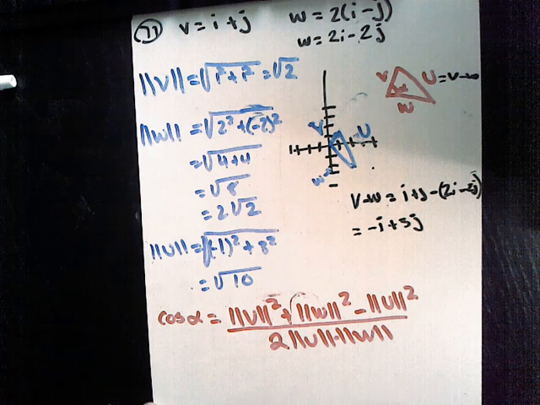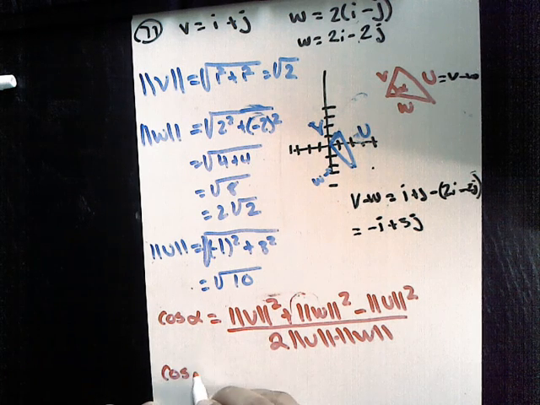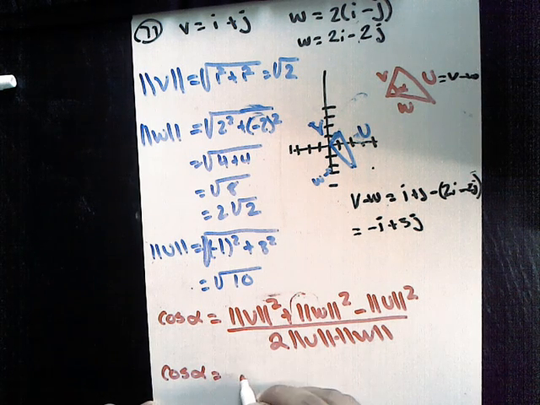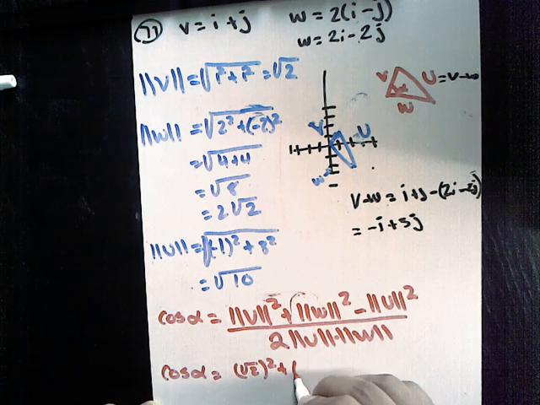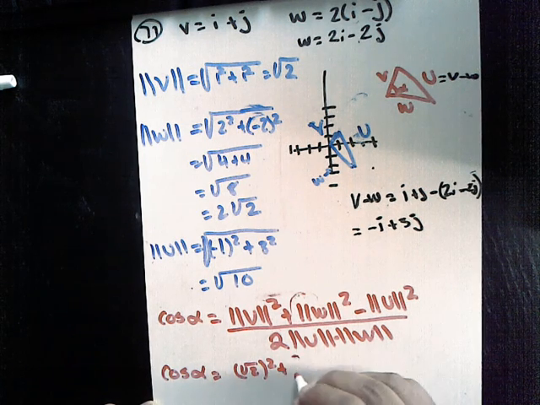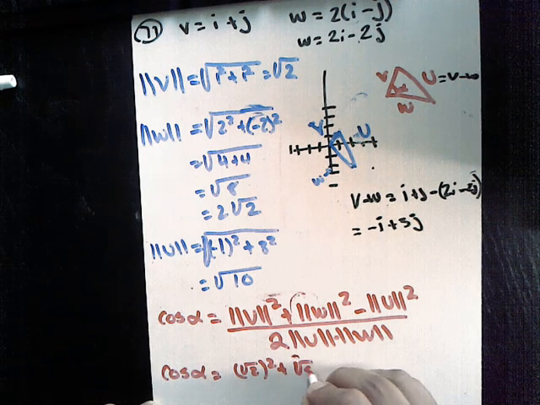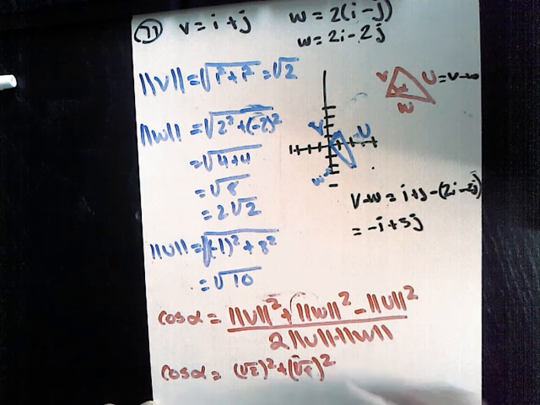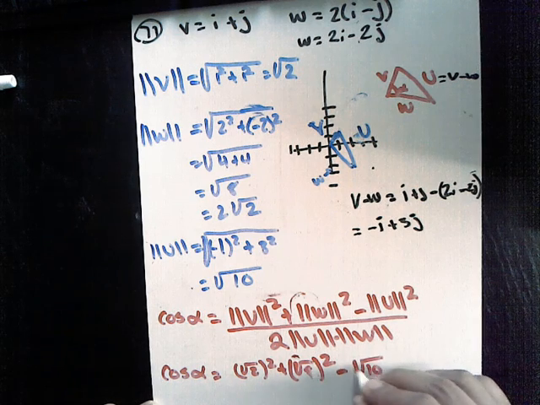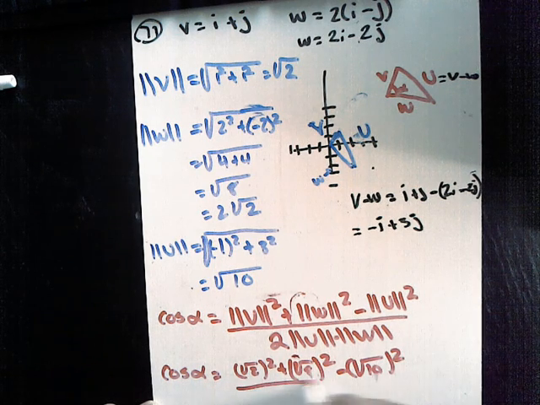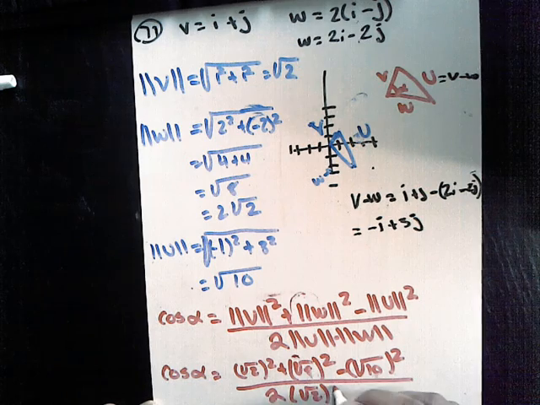So when I write this out, cosine of alpha, what's this? Square root of 2 squared plus, I'll write it as the square root of 8, be easier. And then square root of 10, all over 2 times square root of 2 times square root of 8.